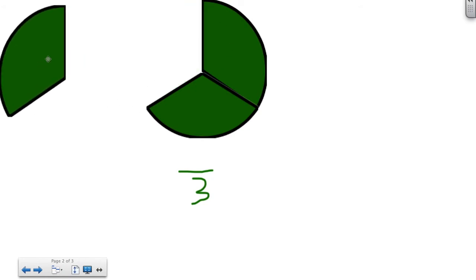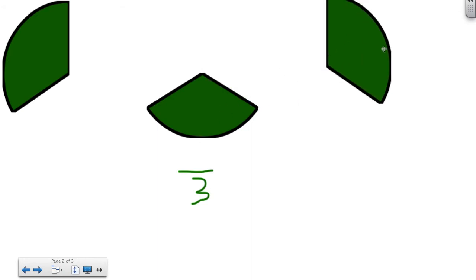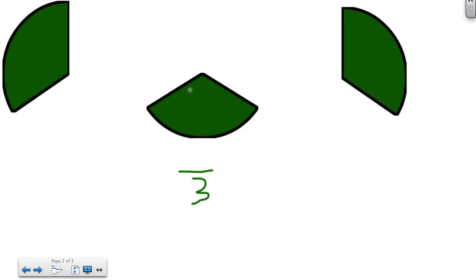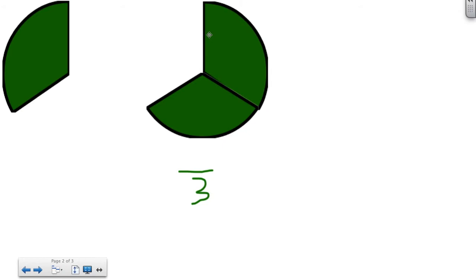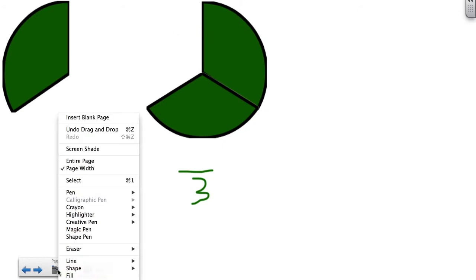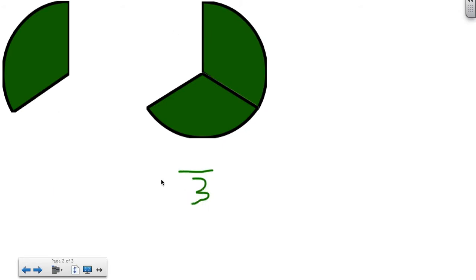So if I take 1 away, we are left with 2/3. If I take 2 away, we are left with 1/3, 1 over 3. There's one of the sections left there. I'll just put this one back together, and we will make that one 2/3, because there's 2 pieces that make up the whole left there.